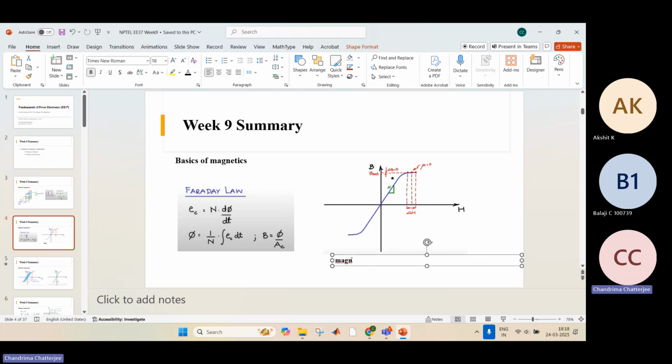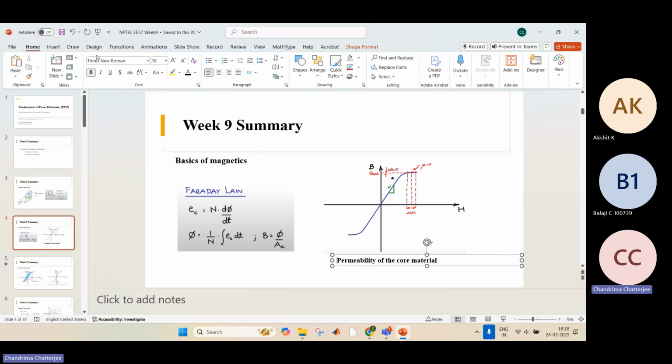So mu is called the permeability of the core material. This is the property of the core material. If you change the core material, the mu value will also change.